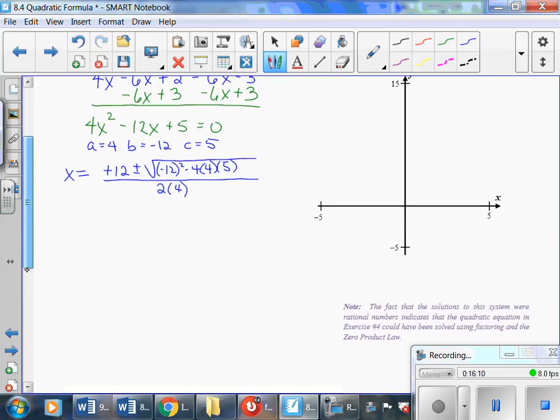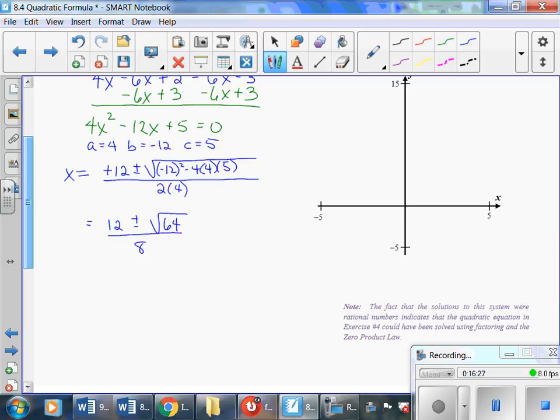So I'm going to come here one more time and do that discriminant. So I get 12 plus and minus this whole discriminant turns out to be the square root of 64. Very nice. All over 8.